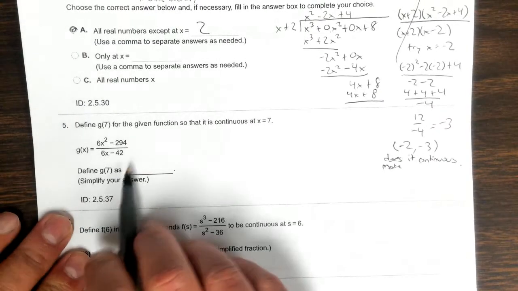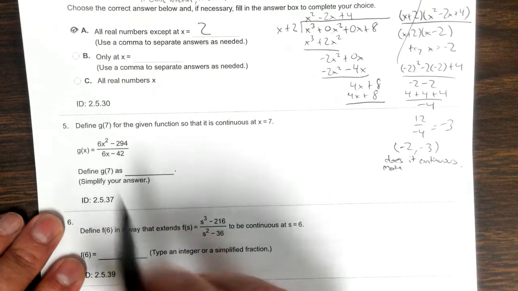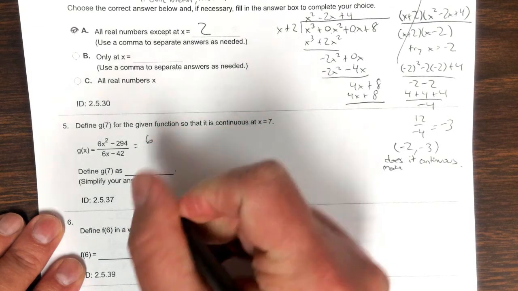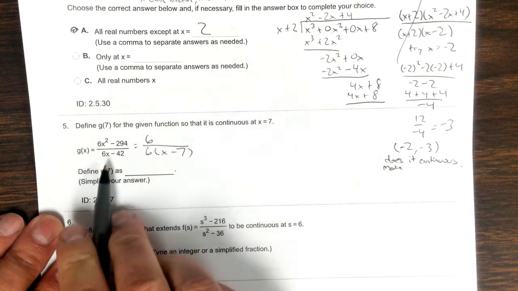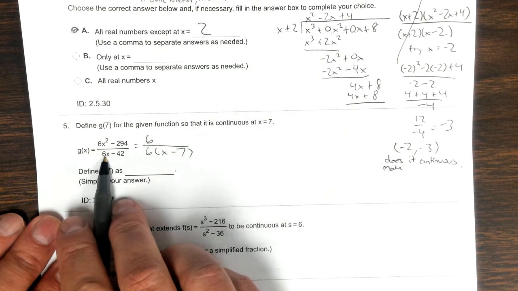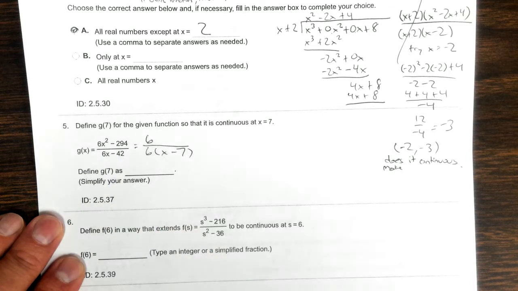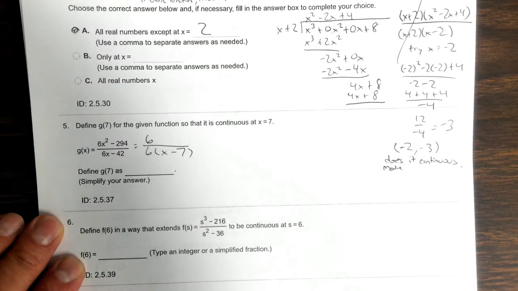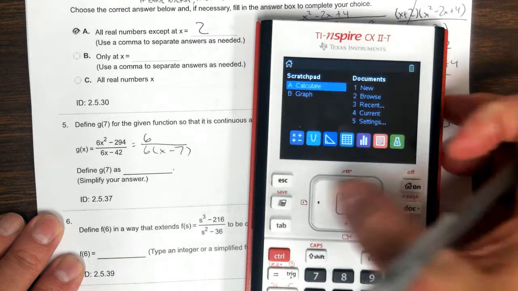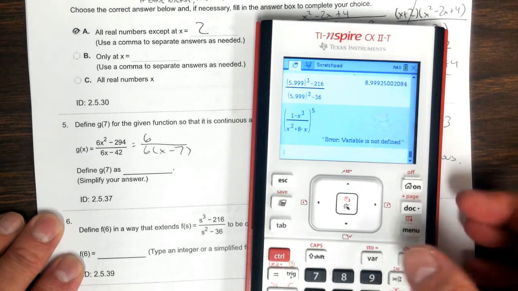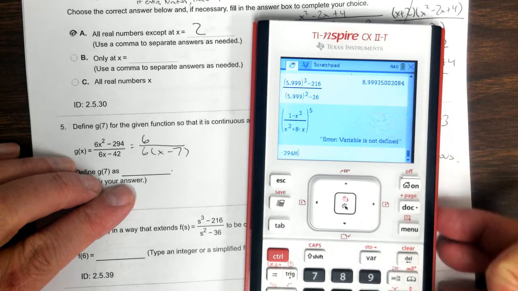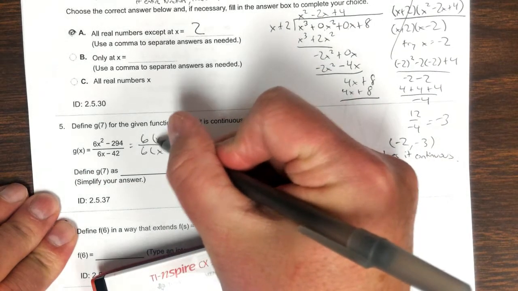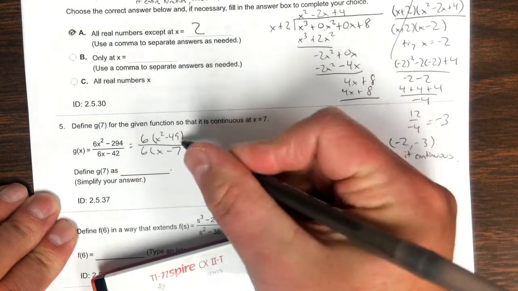Okay, so then the next one, factoring out a 6 would be probably the best method, because if I see a 6x squared and a 6x, we're probably going to be able to cancel those. So when we go to our calculate screen, negative 294 divided by 6 is negative 49. Now that's a good sign also.